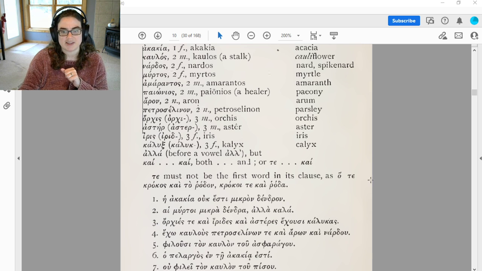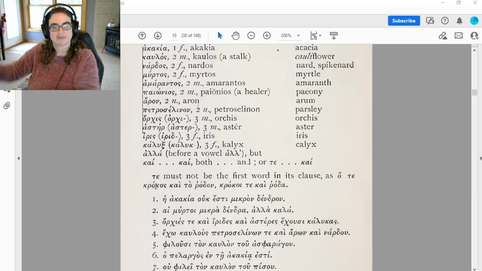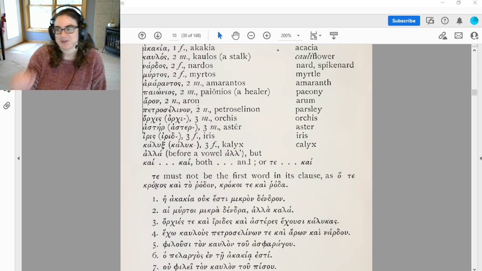So in this case, they had to put the conjunction after the article, which normally, why would you separate the article and the noun? I mean, I guess you do it with adjectives sometimes, but don't worry about that. Point being, te can't go first.